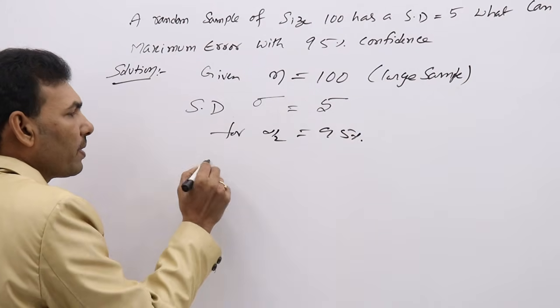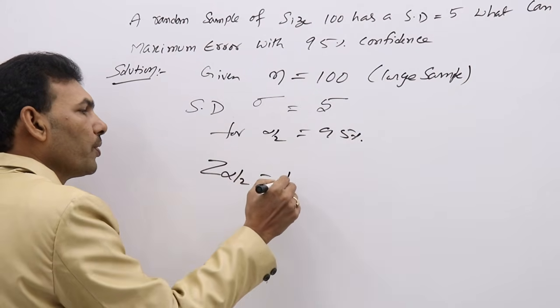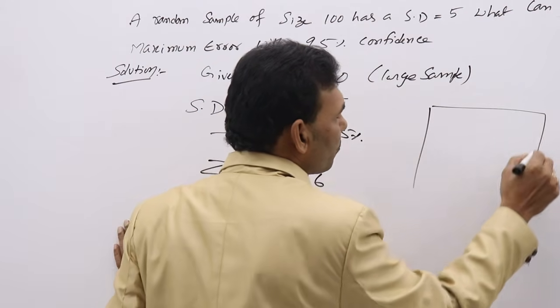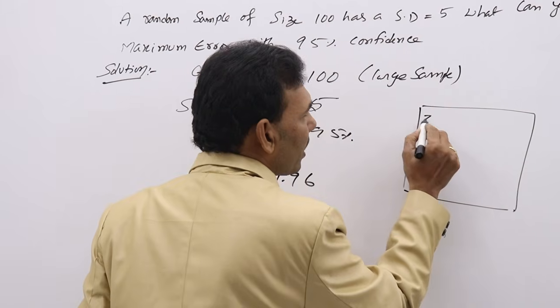For 95%, Z alpha by 2 is 1.96. So the Z distribution table values are like this.